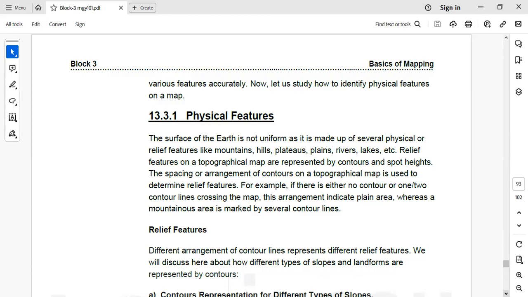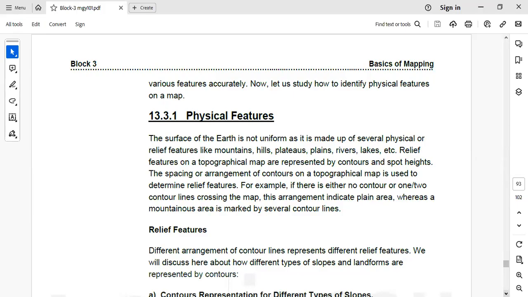So if on the ground you have variation in height, then there are chances that you will get numerous contour lines. If you don't have variations, the ground is plain, then you will not get much variation in the plain area.